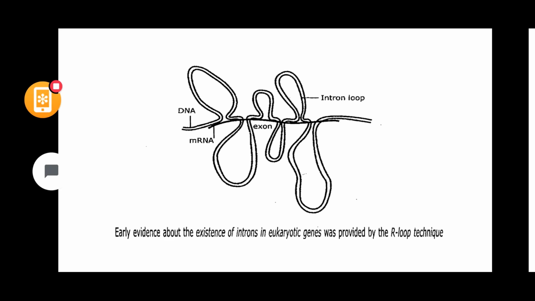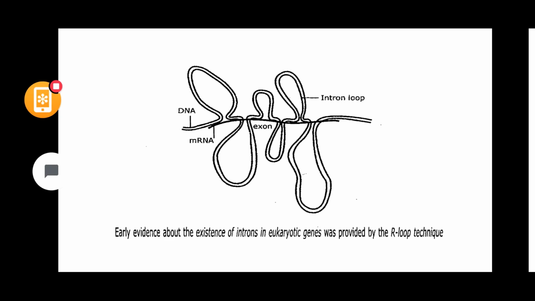So in this technique, usually what they did, they took one mRNA molecule. Okay. And then the DNA molecule, and they annealed this single stranded mRNA and double stranded DNA molecule, and then they visualized it in the electron microscope.